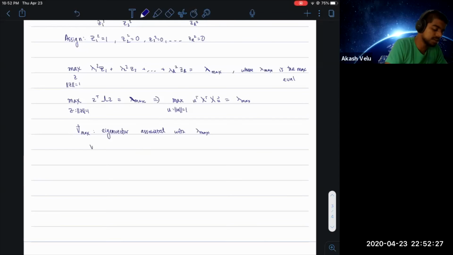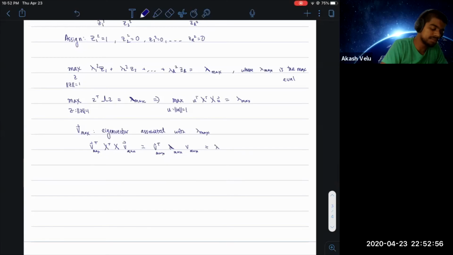The score is going to be v max transpose X v max, right? Well, this is an eigenvector of this matrix, so we can substitute this out and equivalently write v max transpose lambda max v max. This lambda max is a scalar, so pull it out.